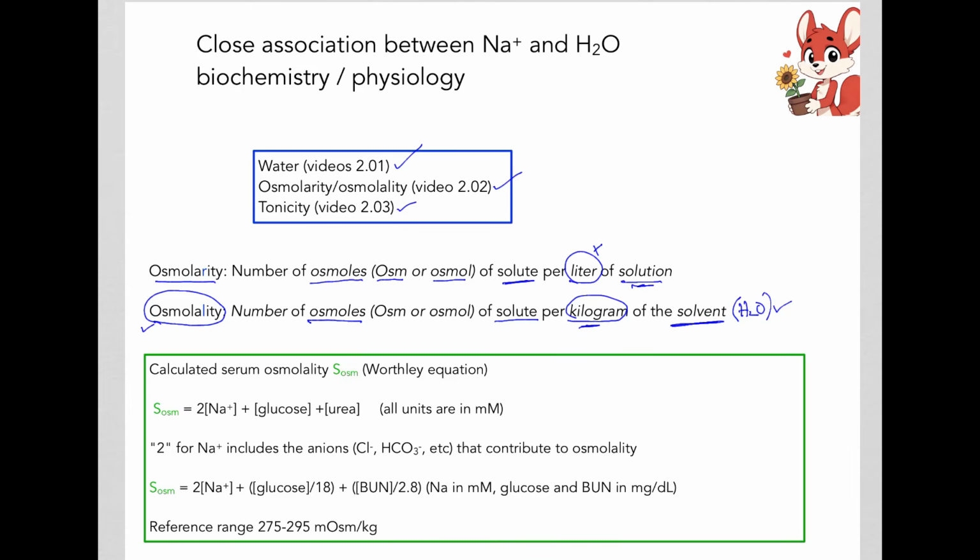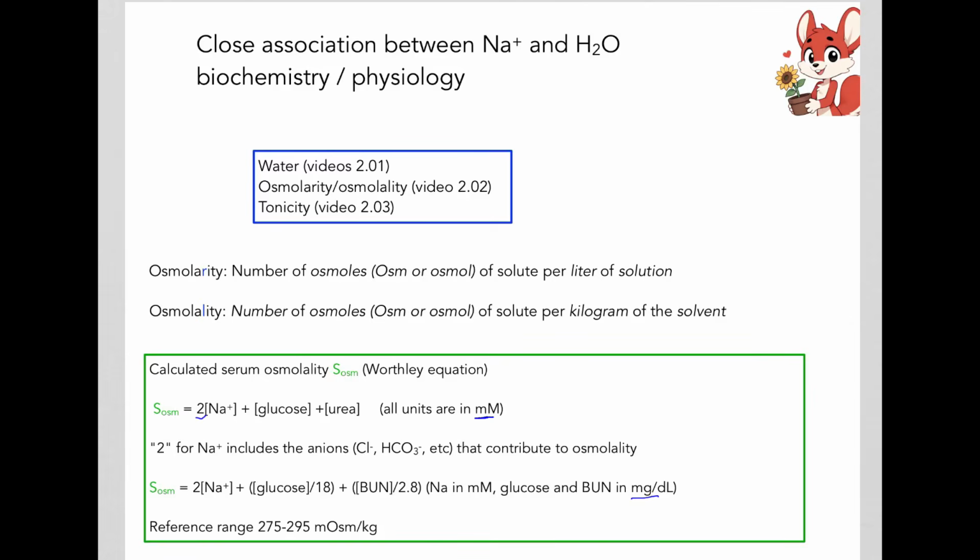So we can calculate osmolality using the Wortley equation. So the serum osmolality is calculated using this formula: 2 times concentration of sodium plus the concentration of glucose plus the concentration of urea, if all the units are in millimolar.